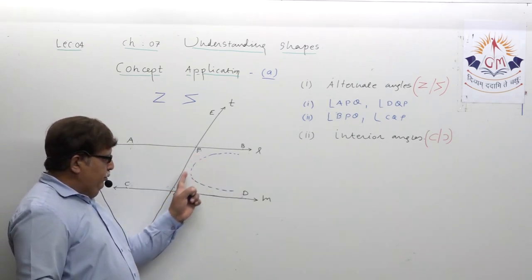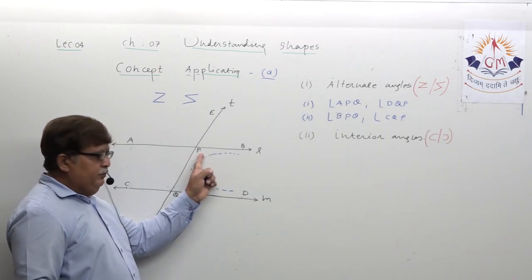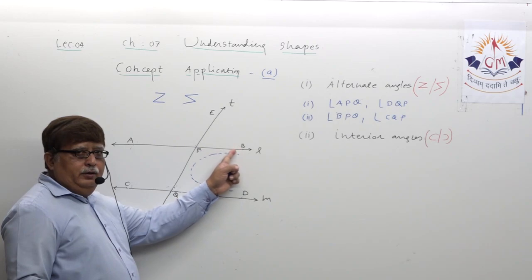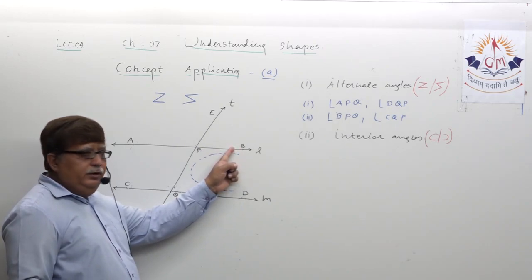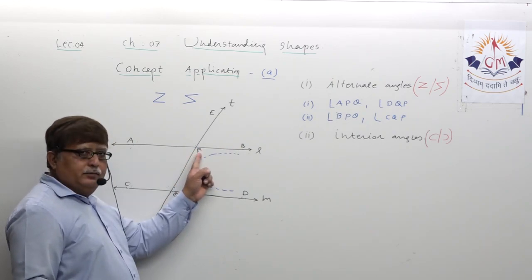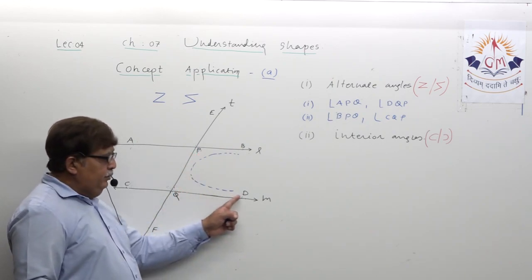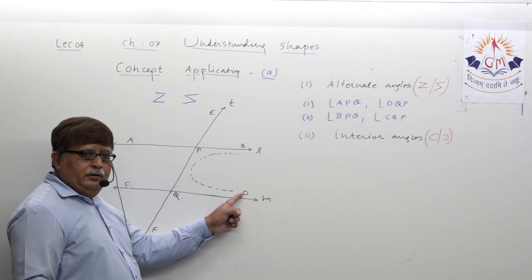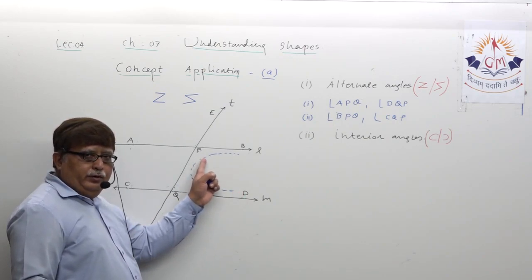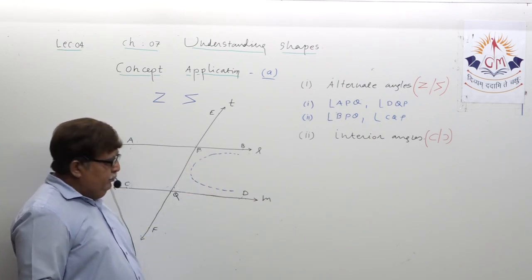Can you name the two angles? First, name this angle. Angle BPQ. Name this angle. Angle DQP. Say it again.